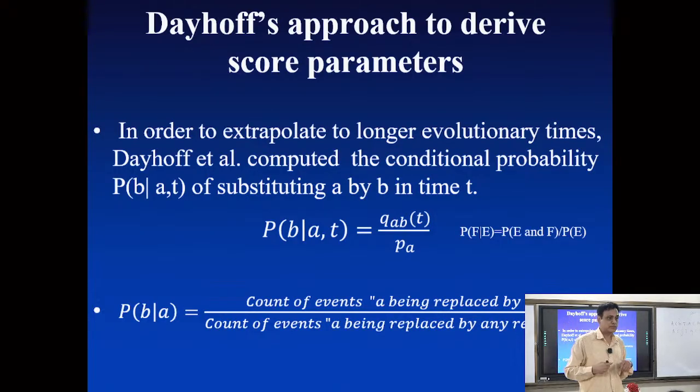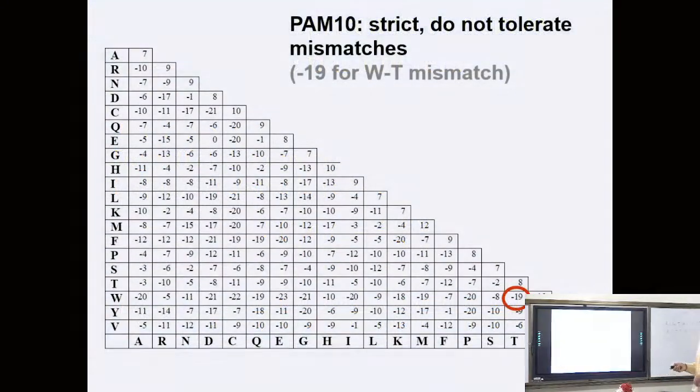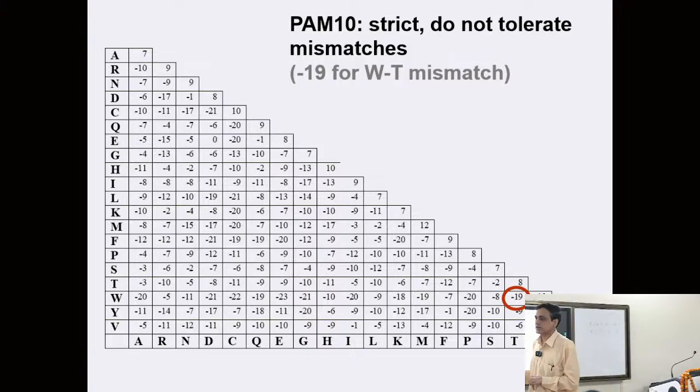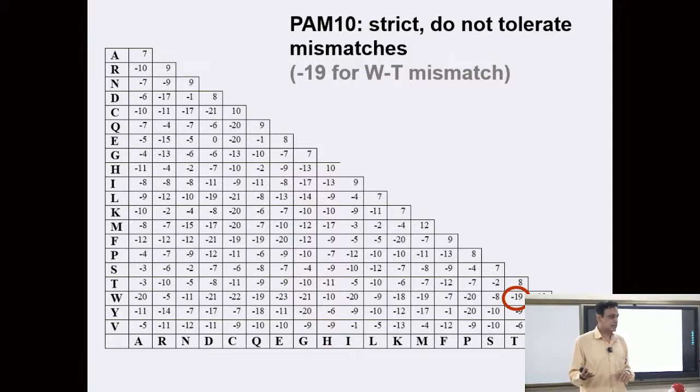So PAM250 means 250 changes over 100 residues. So this is the scoring matrix. It is 20 by 20, but it is a half matrix because a score for L aligned to B would be the same as B aligned to L, right? So that's why half matrix.